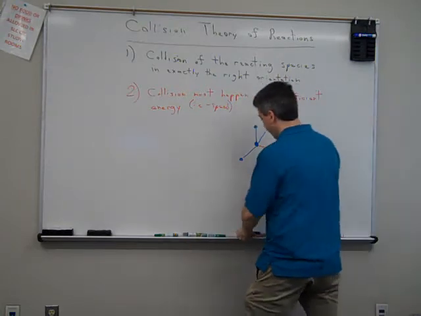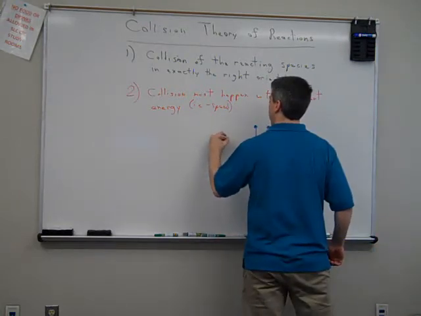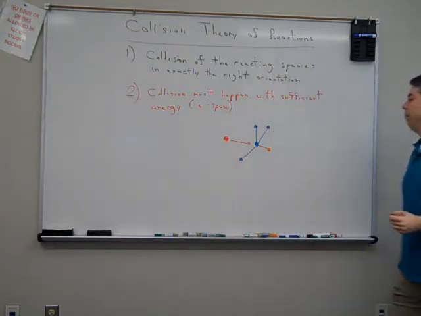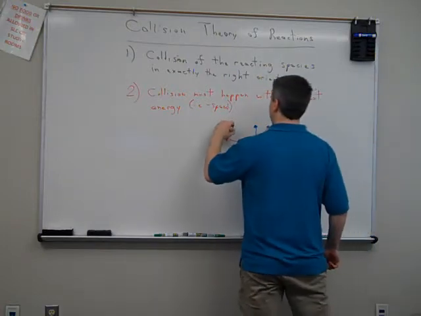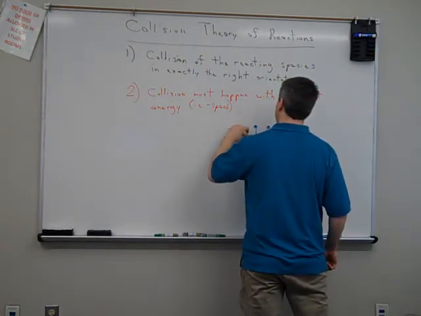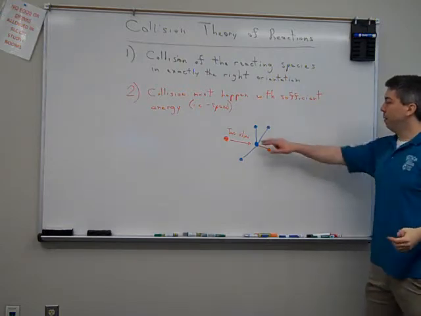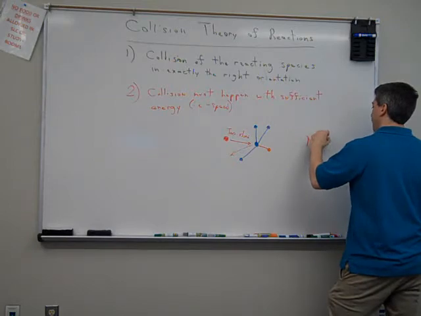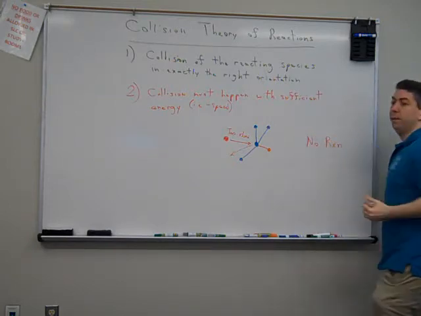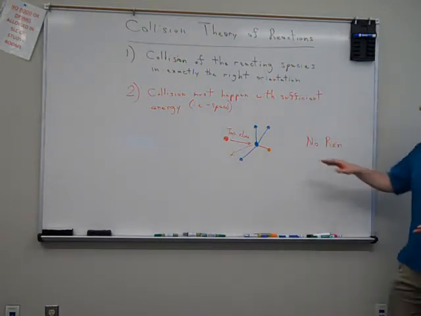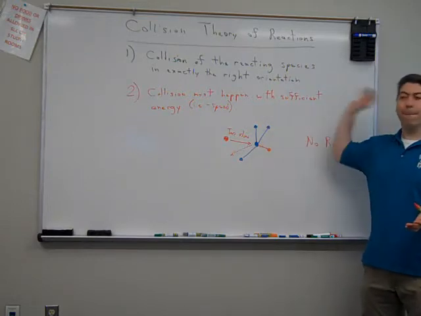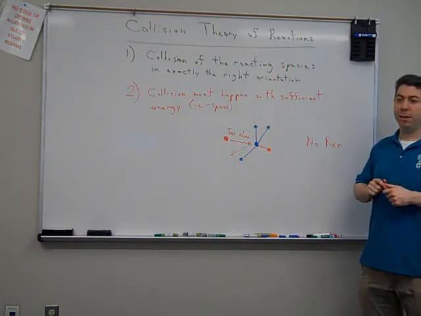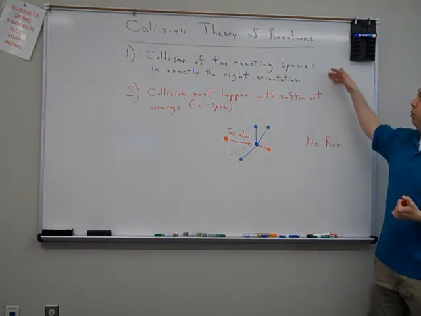Even if I have this red ion coming in and attacking, if it's too slow, it will not be enough to break this bond, and it'll just bounce off, and you'll get no reaction. It's simply too slow, there's not enough energy to trigger the orange atom being kicked off. Does that make sense? So those are the two things required.